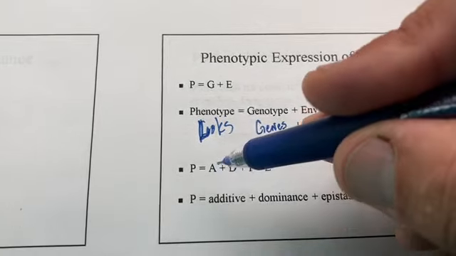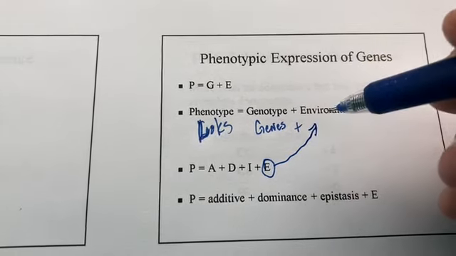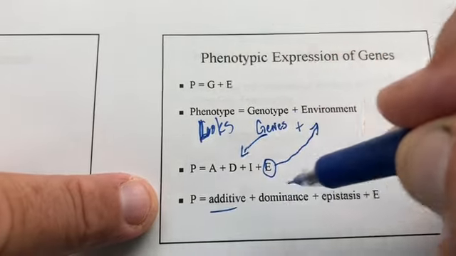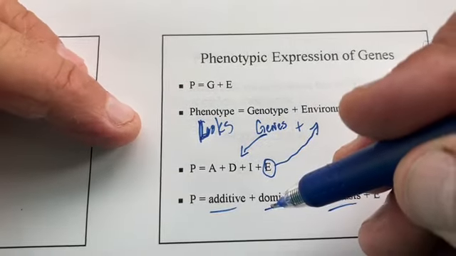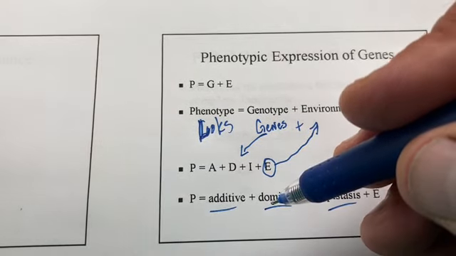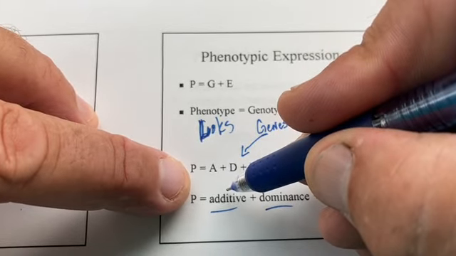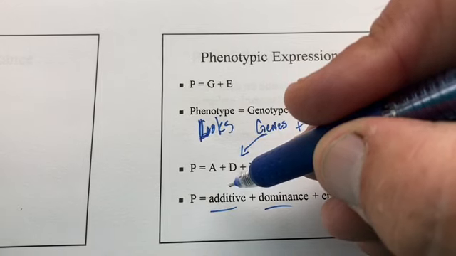Now, what we're going to do is break down, and this E is still going to be environment. But guys, we're going to break the genetic component down into 3 different ones, okay? And the additive is where we have a couple of genes work together. And so, we end up with the effect of one gene is going to affect another.